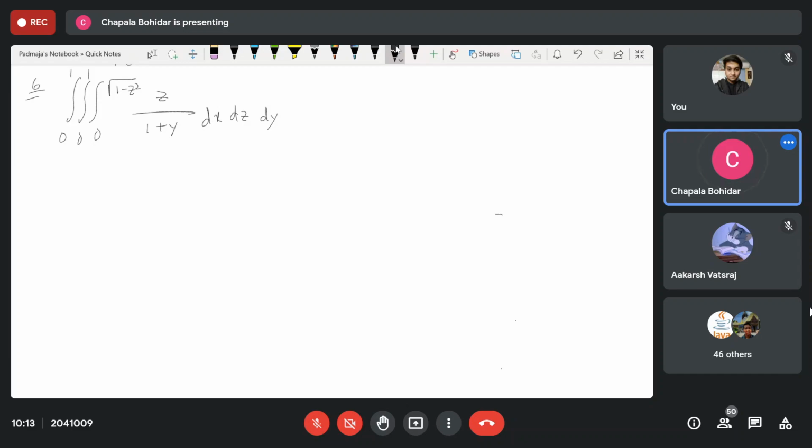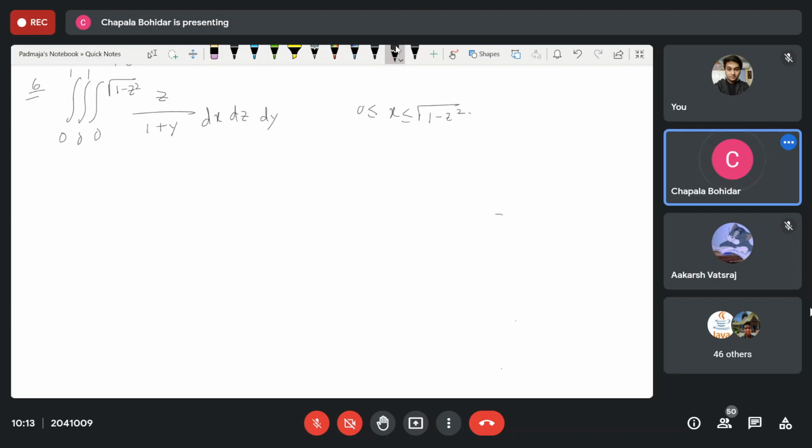Okay, it is given. So here 0 to root over of 1 minus z square is the value for x. x lies in between 0 and root over of 1 minus z square.